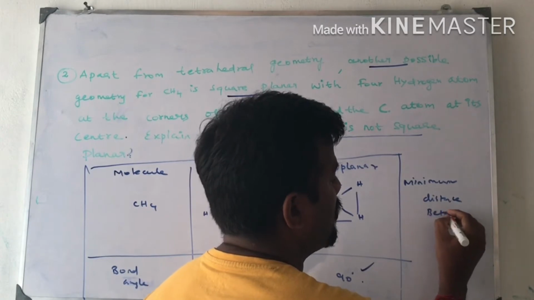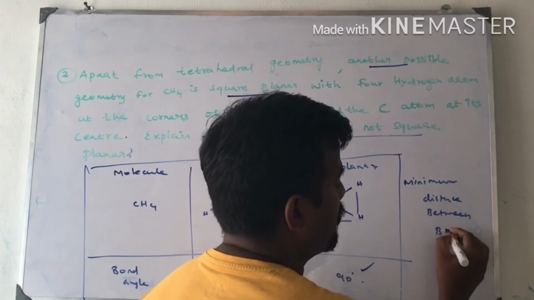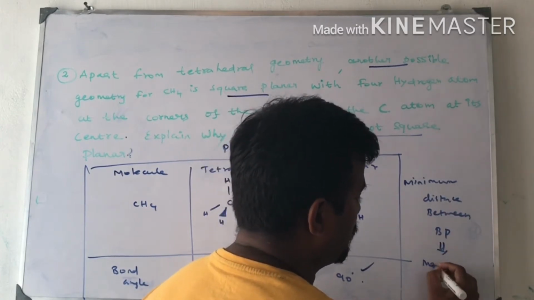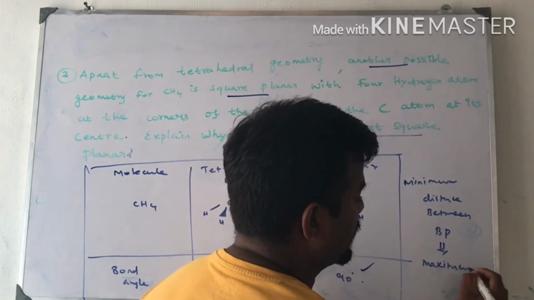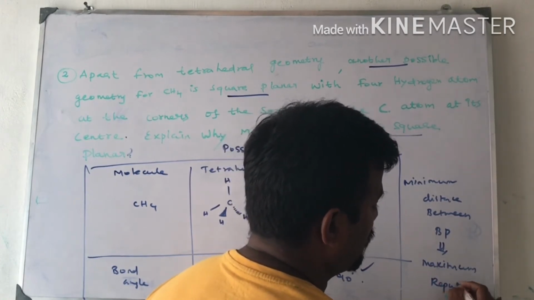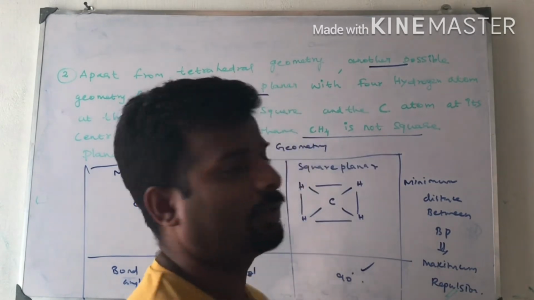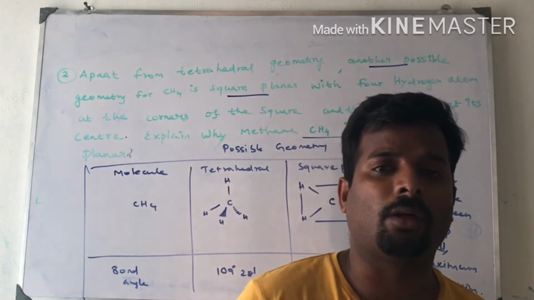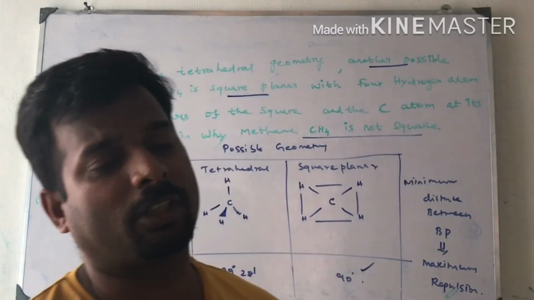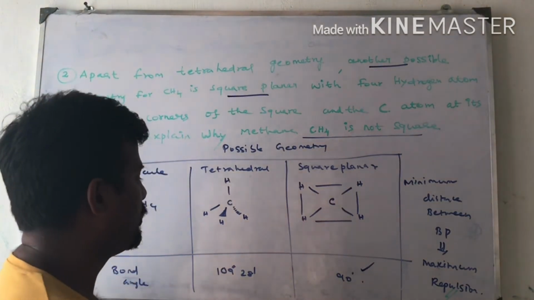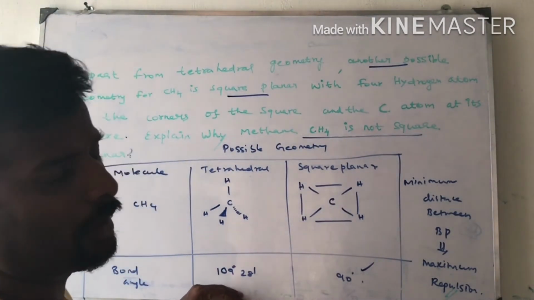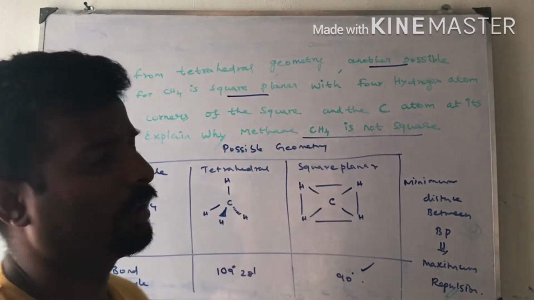To avoid this maximum repulsion, the bond angle changes to tetrahedral, and the bond angle is 109 degrees 28 minutes in the tetrahedral.